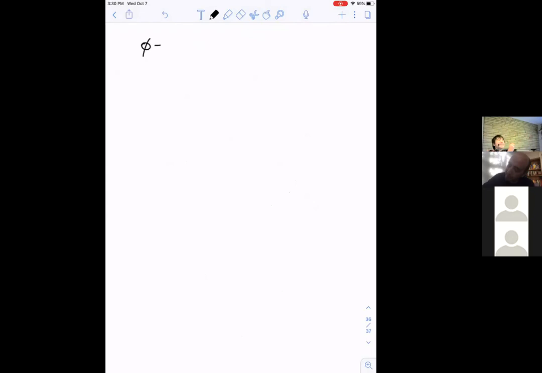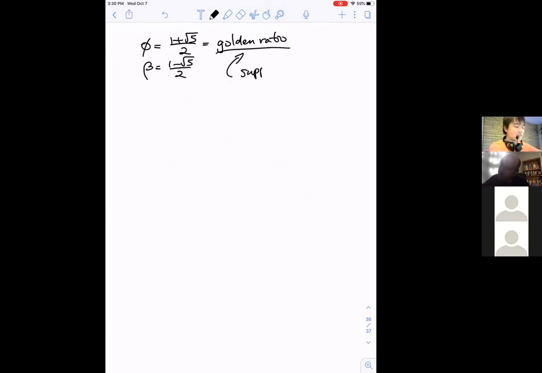So phi, which is this golden ratio, and its buddy, the beta, 1 minus square root of 5 over 2. What did they have to do with anything? Let me just remind you why it was called the golden ratio. It's supposedly the most pleasing ratio for the length and width of a rectangle, in architecture, in art.